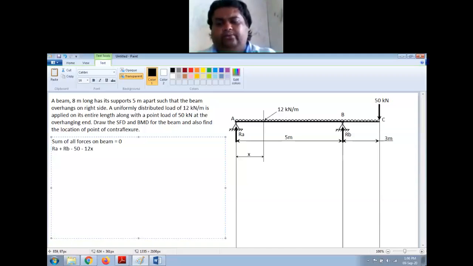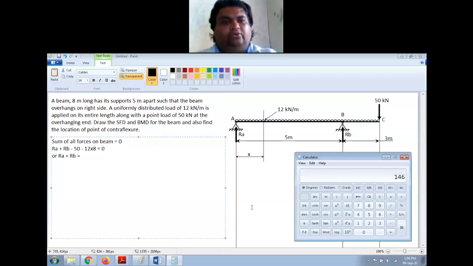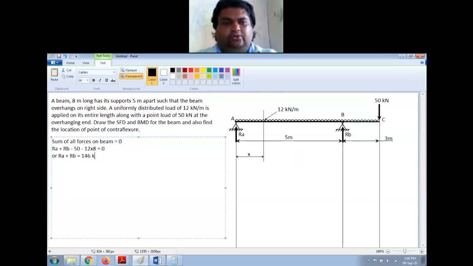So 12 into 8 is the total force of this UDL, which is acting in the downward direction, right? So I have taken upward positive, downward negative, and this should be equal to 0, or RA plus RB is equal to 50 plus 12 into 8, so that is 146 kilonewton.